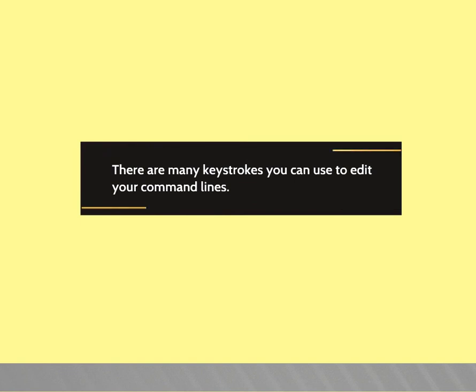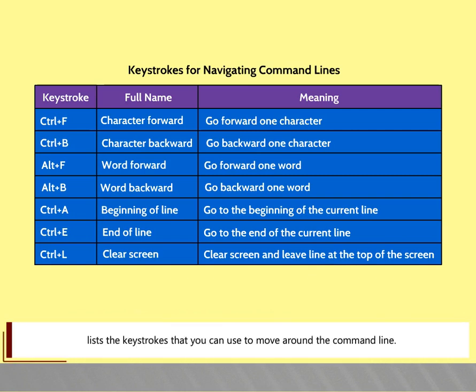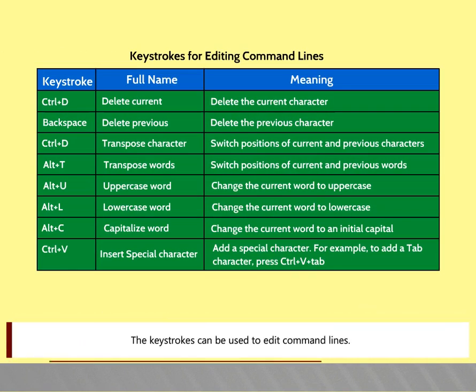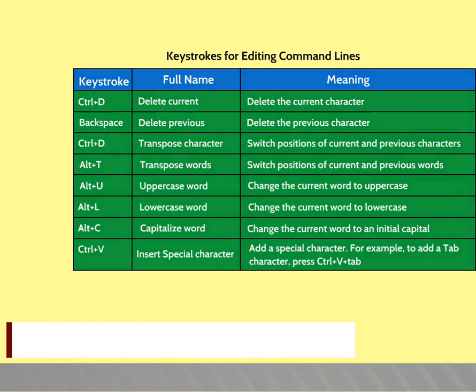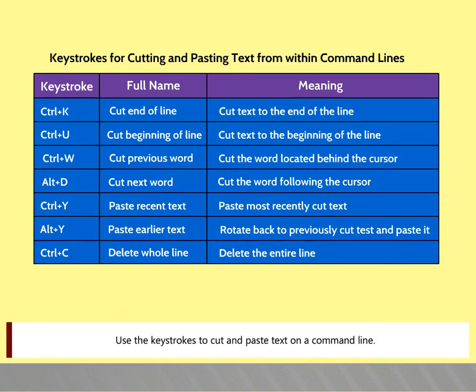There are many keystrokes you can use to edit your command lines. List the keystrokes that you can use to move around the command line. The keystrokes can be used to edit command lines. Use the keystrokes to cut and paste text on a command line.